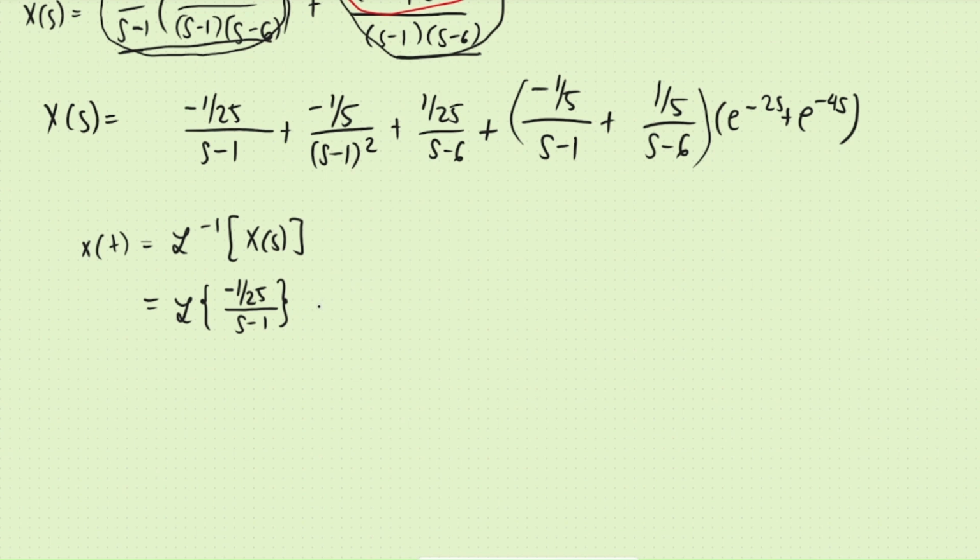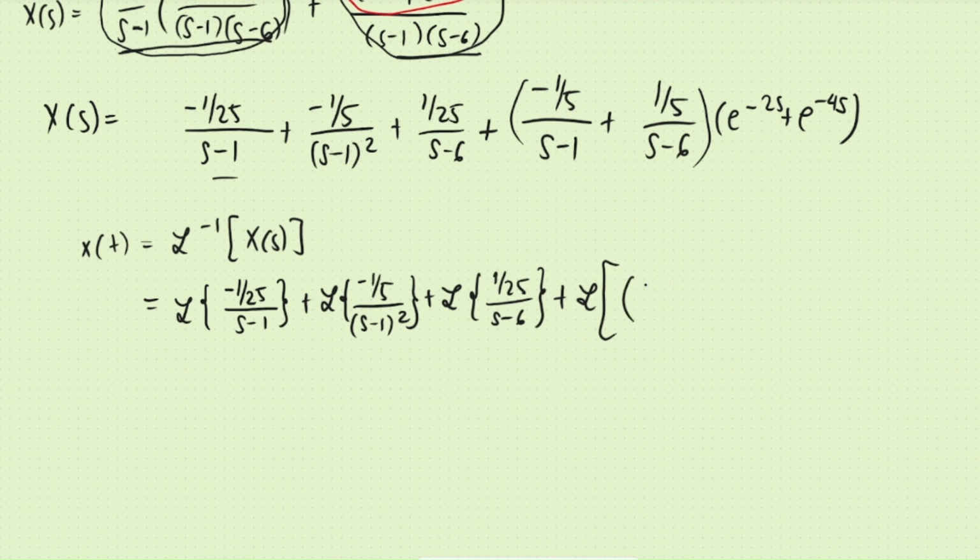The Laplace of negative 1 over 25 over s minus 1 plus the Laplace of negative 1 over 5 over s minus 1 squared plus the Laplace of 1 over 25 over s minus 6 plus the Laplace of this one here, negative 1/5 over s minus 1 plus 1/5 s minus 6 times, don't forget this, e to the negative 2s plus e to the negative 4s.